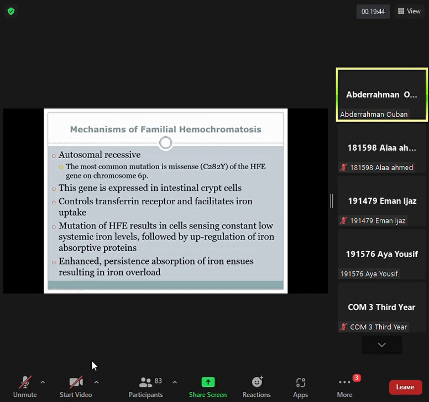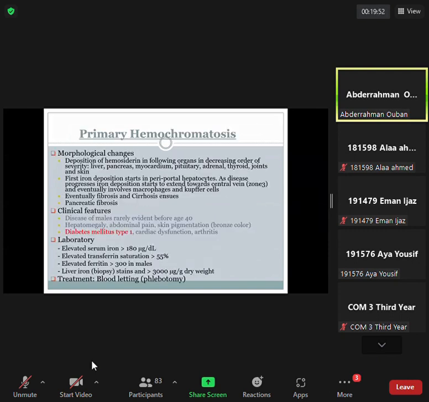Now, a little bit about the genetics here for this disease, and then what you're going to be finding in terms of the deposition in the liver. In the liver, if you do an iron stain, you're going to be able to grade the amount of iron that is getting deposited in patients with hemochromatosis.